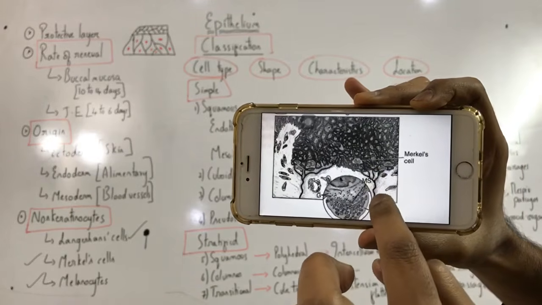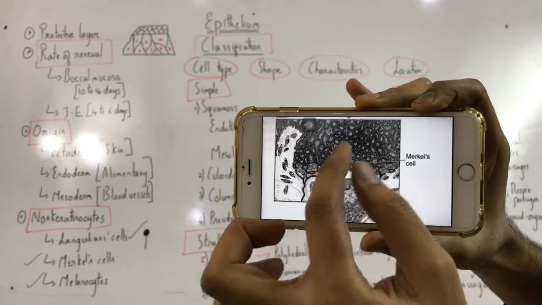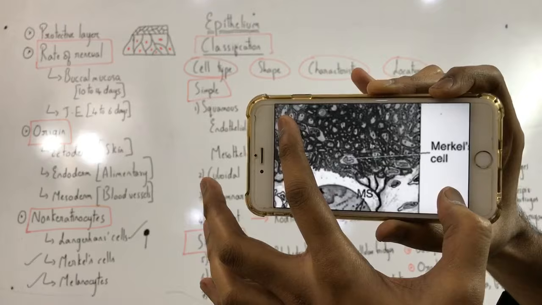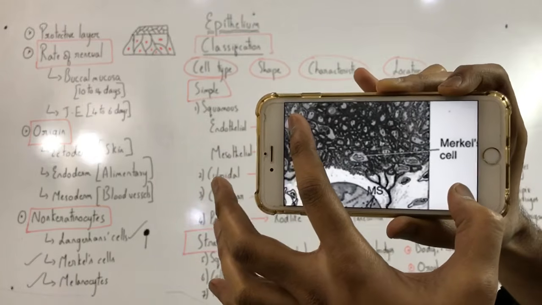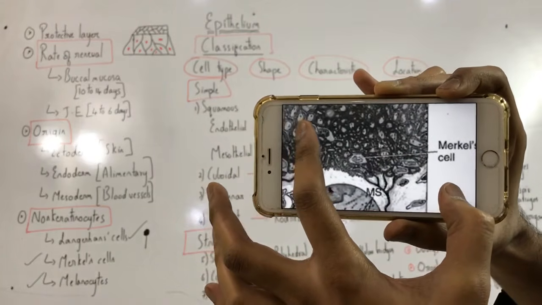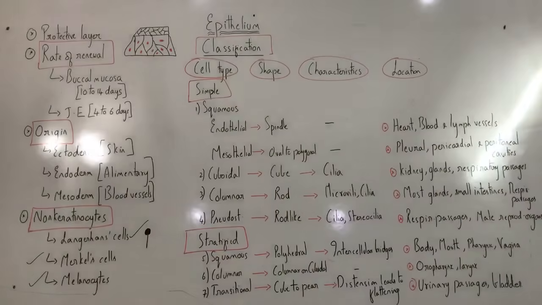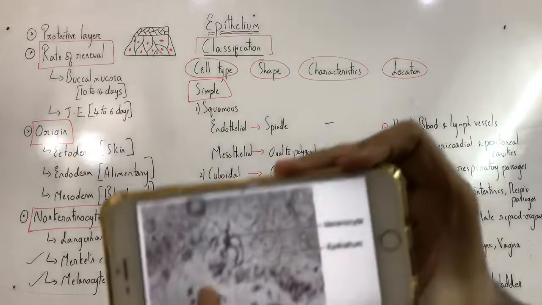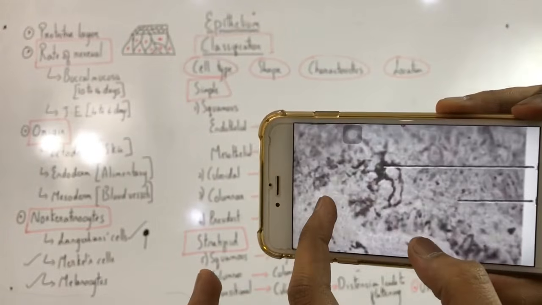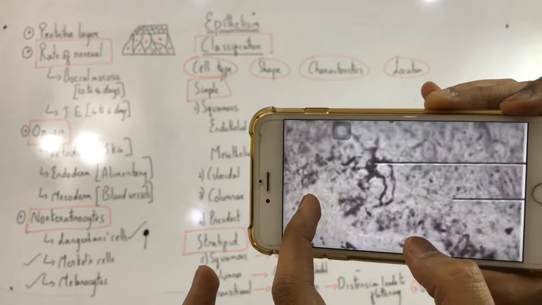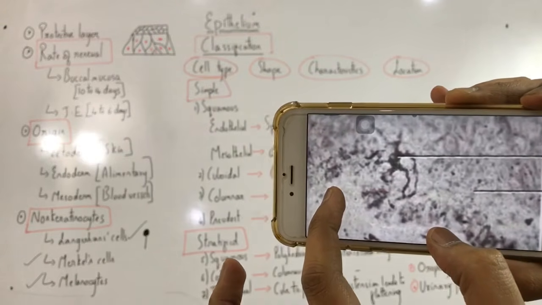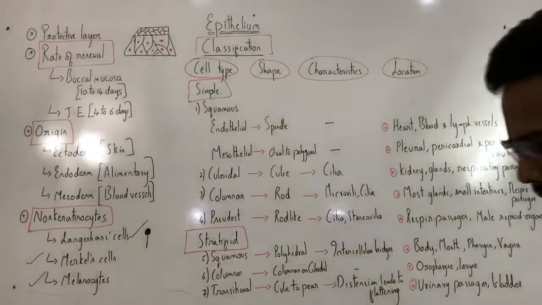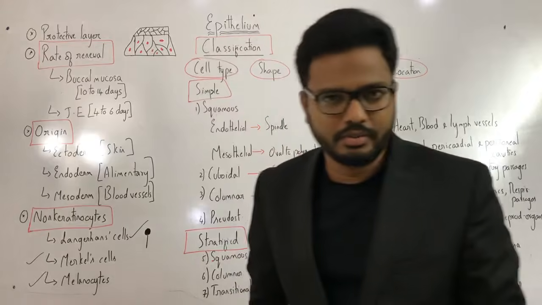If you observe here carefully, these are your nerve terminals, axon terminals. So these Merkel cells are closely associated with your axon terminals, unlike your other cells. So these act as touch receptors, and then these are your melanocytes. You can see dark in color, that's melanin pigment. Once you have a look, you can easily register in your brain, isn't it?